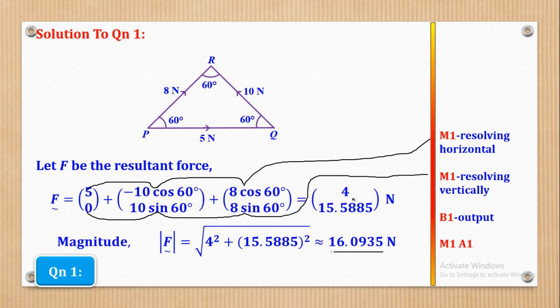Now the B1 is for the output, adding this to get 4 and also adding this to get 15.5885. Now the M1 is for this part, and A1 is for the final answer which they wanted. So basically that's how the 5 marks could come about in this question.